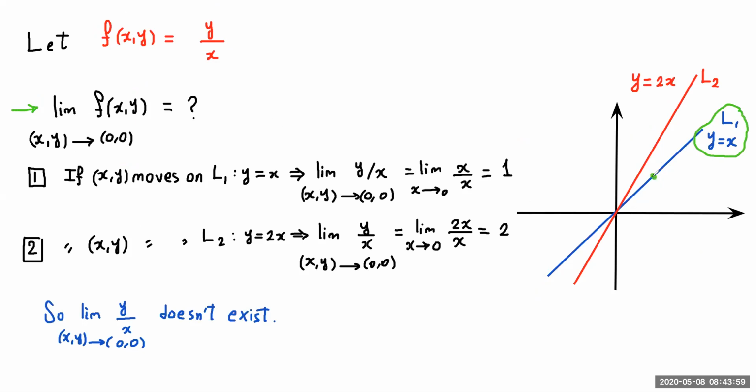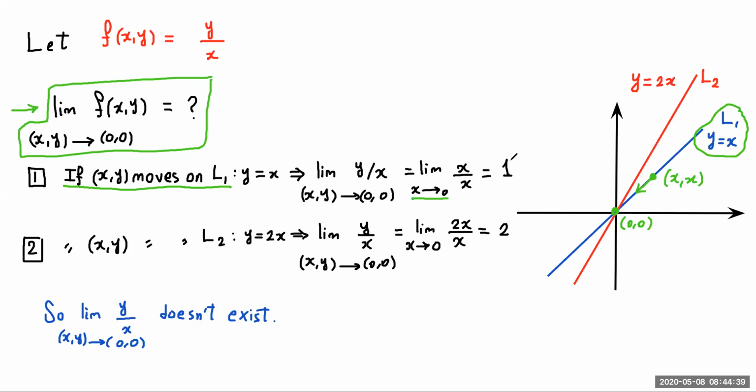Let's suppose that we have a point here, (x,x), and this point approaches the origin (0,0). If (x,y) moves on the line L1, given by y equal x, the limit of the function will be the limit of x over x when x approaches 0. So the answer is 1.